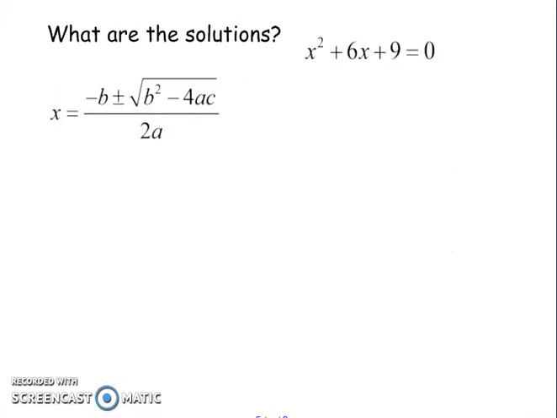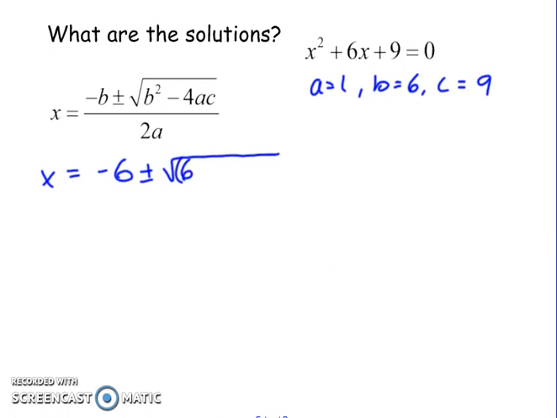Okay, so what are the solutions to this? So set it up, plug it in. A equals 1, B equals 6, C equals 9. So we're going to do x equals negative b, so negative 6, plus or minus the square root of 6 squared, minus 4 times a times c, all over 2a.